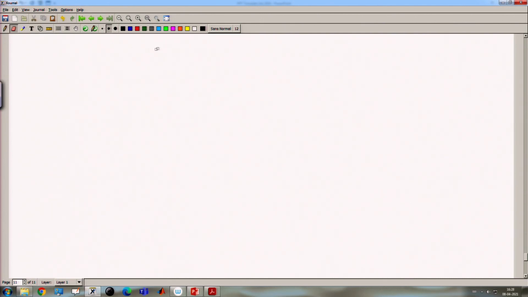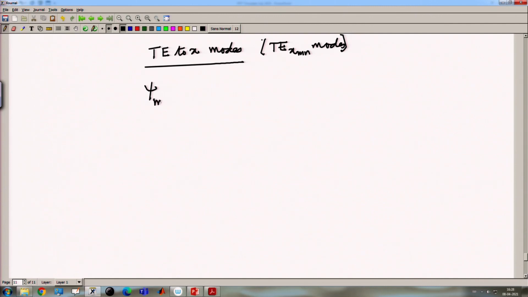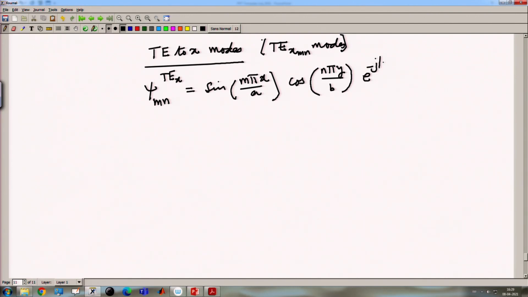Now for the TE to x modes, or we can also say TE to x m n modes, the corresponding psi function for the TE to x m n mode is given by sin m pi x by a, cos n pi y by b, e to the power minus j k z z.